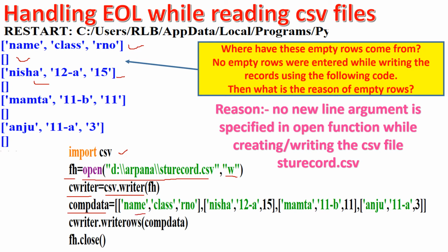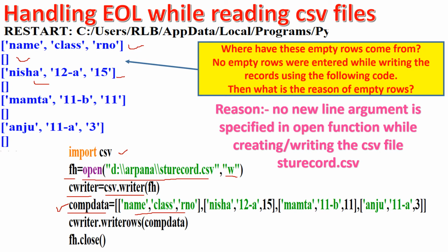I have used a nested list here to assign the details of the students as name, class and roll number. This data has been stored in a variable called comp data.